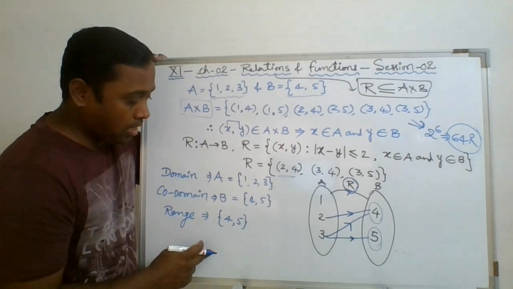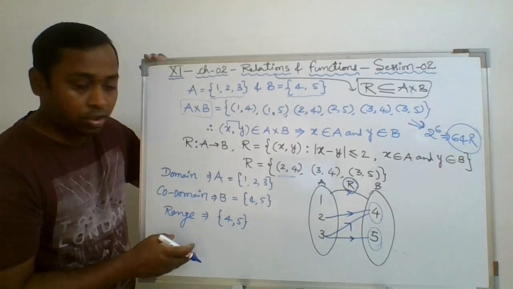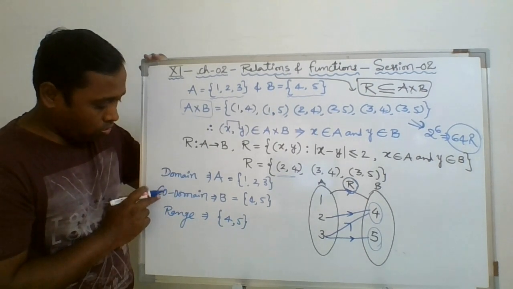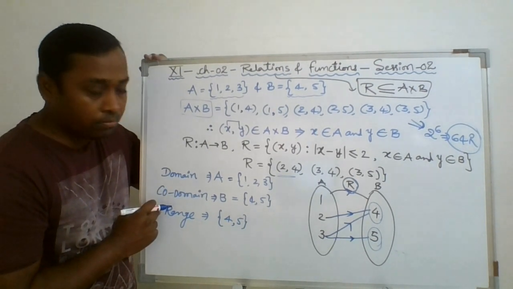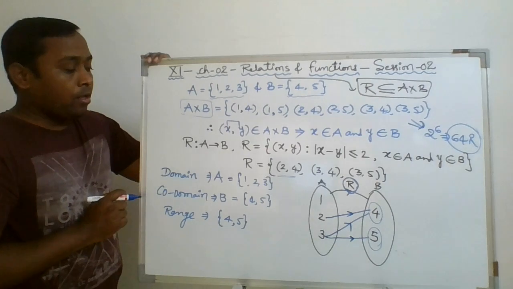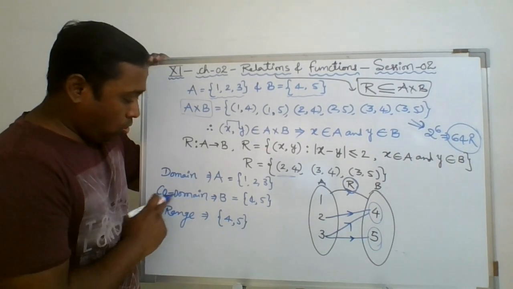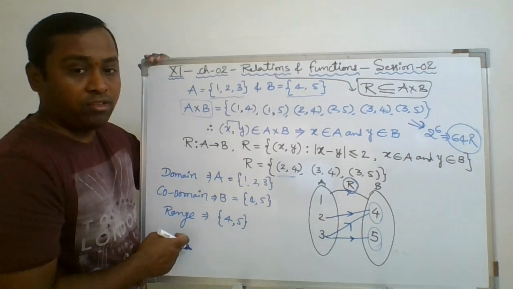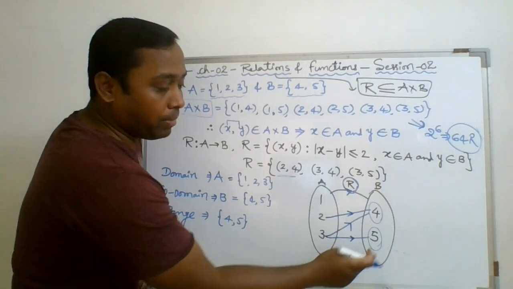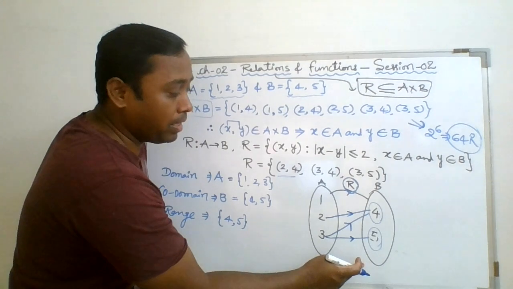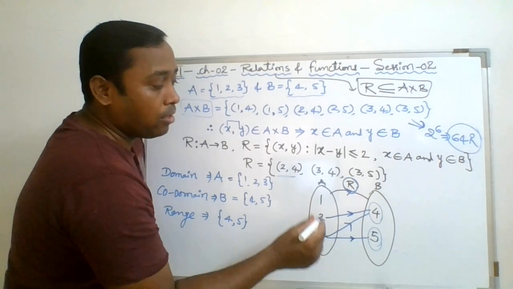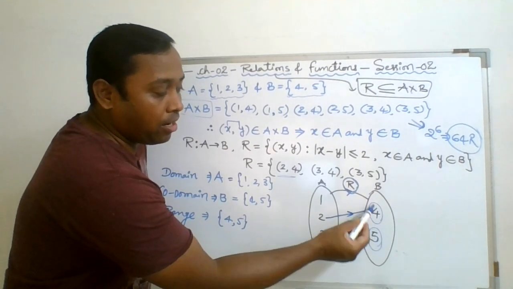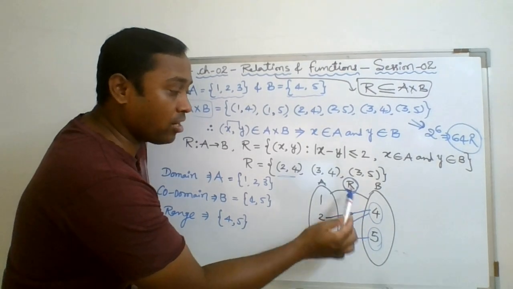I repeat, it looks the same in this question because coincidentally the codomain and range become the same. But what I'm saying is, codomain means by default the set of B elements, but range means the set of second elements where only the elements which are in relation will be counted.